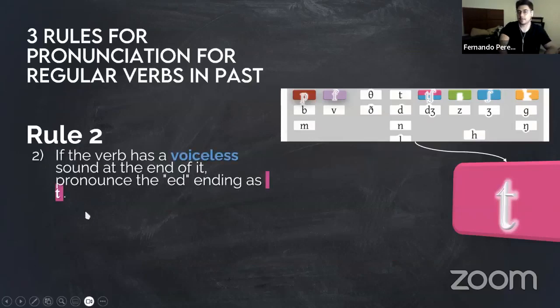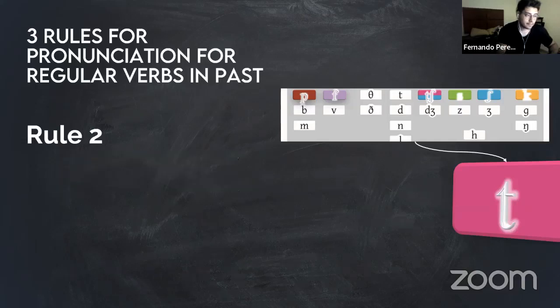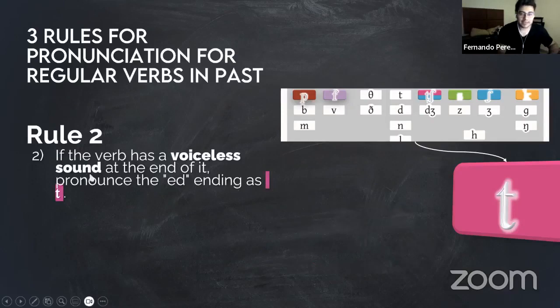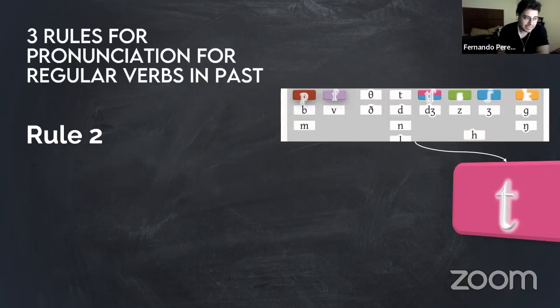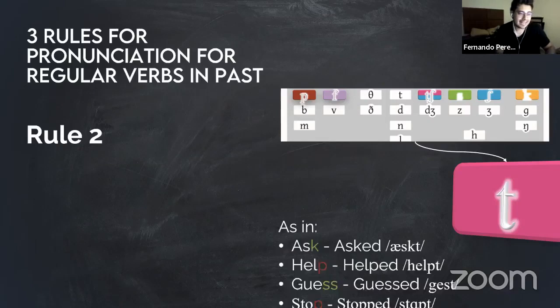Let's practice. Rule 2. If the verb has a voiceless sound at the end of it, pronounce the ed ending as t. This is important to check because the e becomes silent.